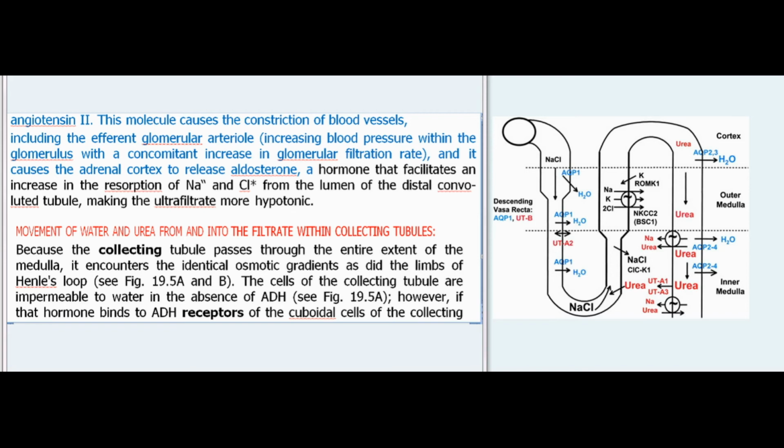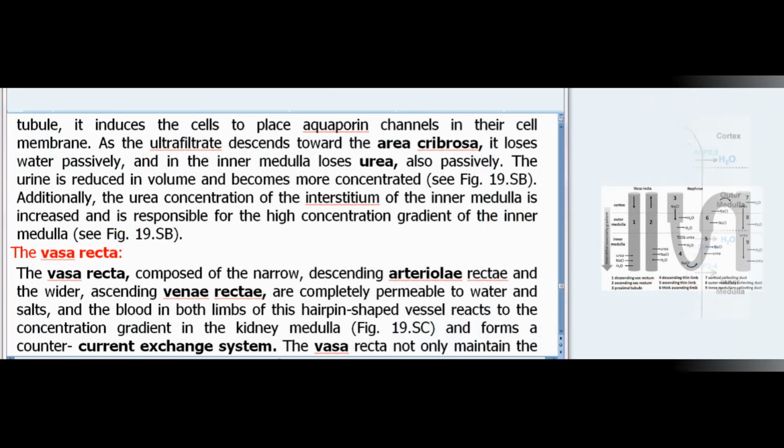However, if that hormone binds to ADH receptors of the cuboidal cells of the collecting tubule, it induces the cells to place aquaporin channels in their cell membrane. As the ultrafiltrate descends toward the area cribrosa, it loses water passively, and in the inner medulla loses urea, also passively. The urine is reduced in volume and becomes more concentrated, see Fig 19.5b.